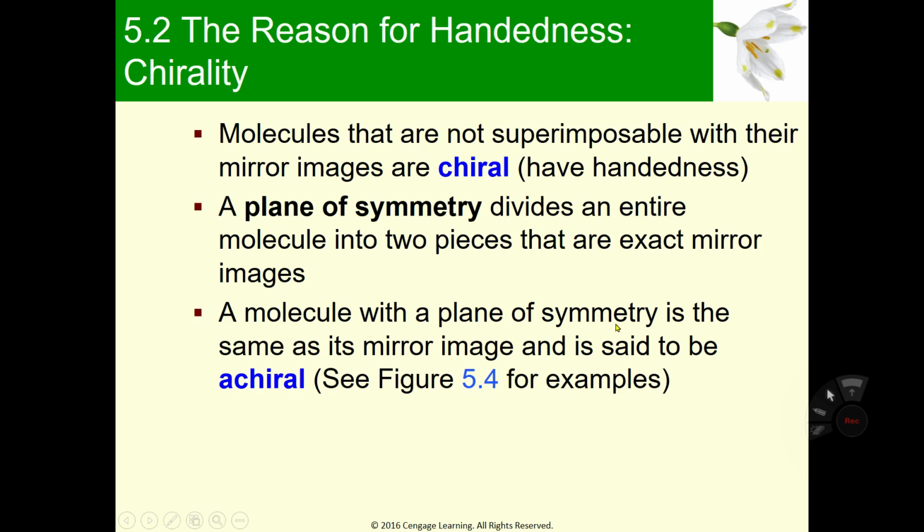In that case, they can be overlapped with the mirror image, and the molecule will be, of course, achiral. In other words, if you can never find a plane of symmetry in the molecule, then the molecule must be chiral, and in that case, the mirror image of the molecule can never be overlapped with the real image. And a chiral molecule should have handedness.